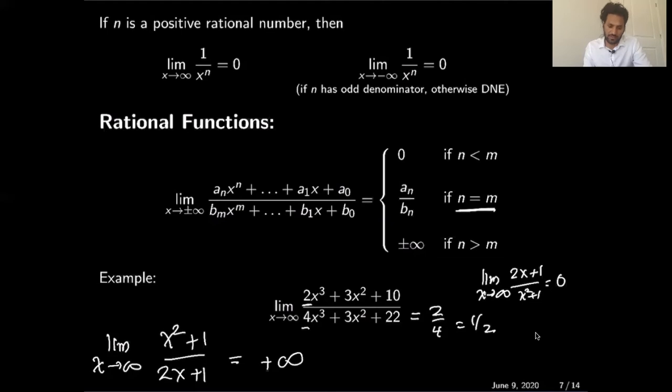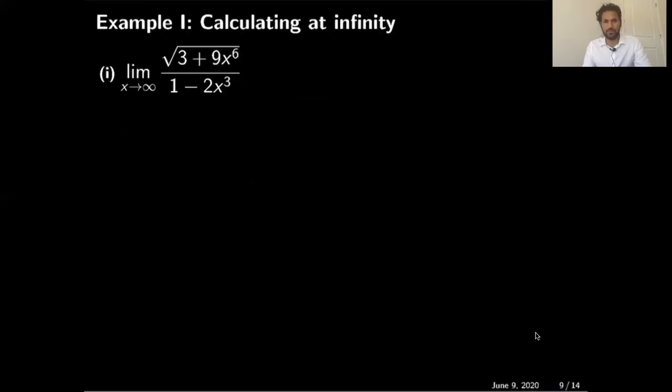If I have a negative here, I will get negative infinity. If I have positive here, I get positive infinity.